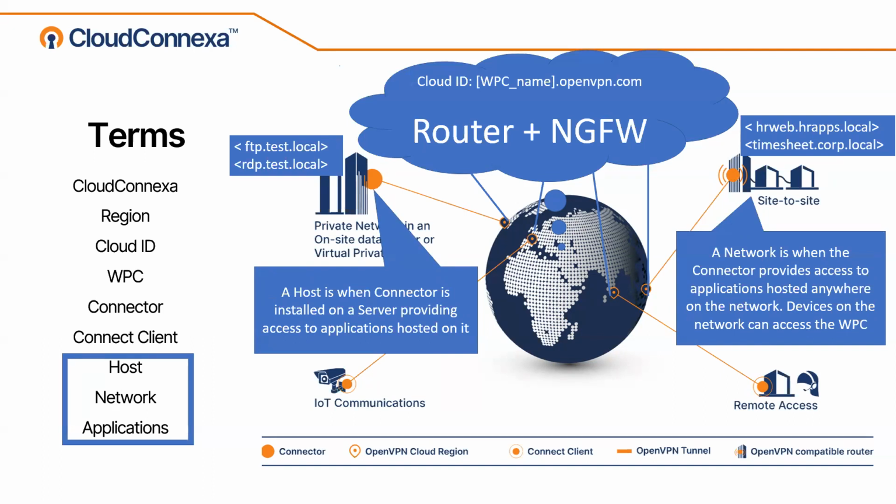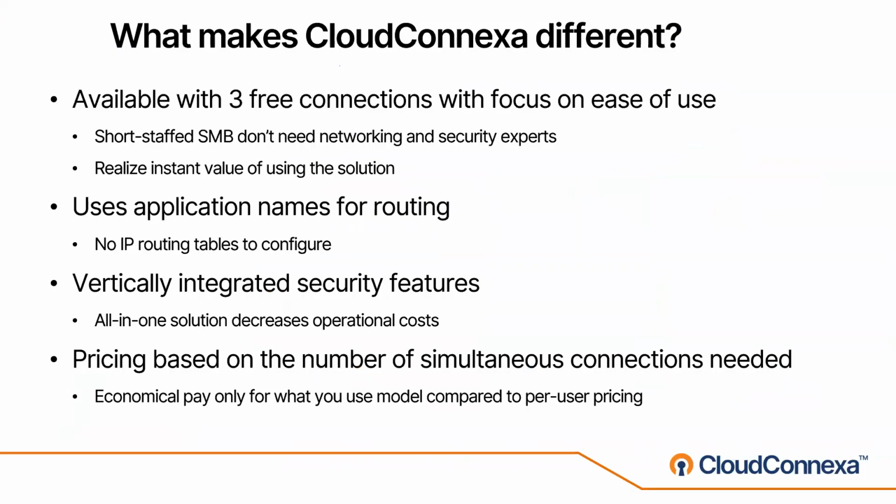Again, you'll see this part in the third demo that we're going to do. We're going to create an application and create an access policy for that application. So in short, what makes CloudConnexa different? Well, it's available with 3 free connections, with a focus on ease of use.